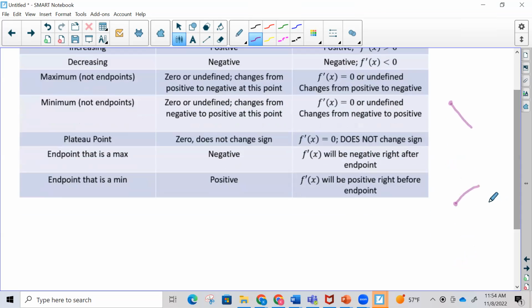If it's the other way, okay, so I should say this is when it's left.